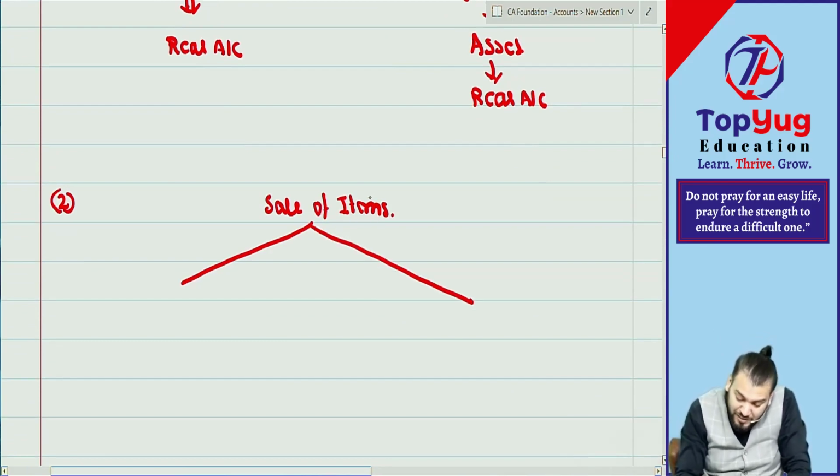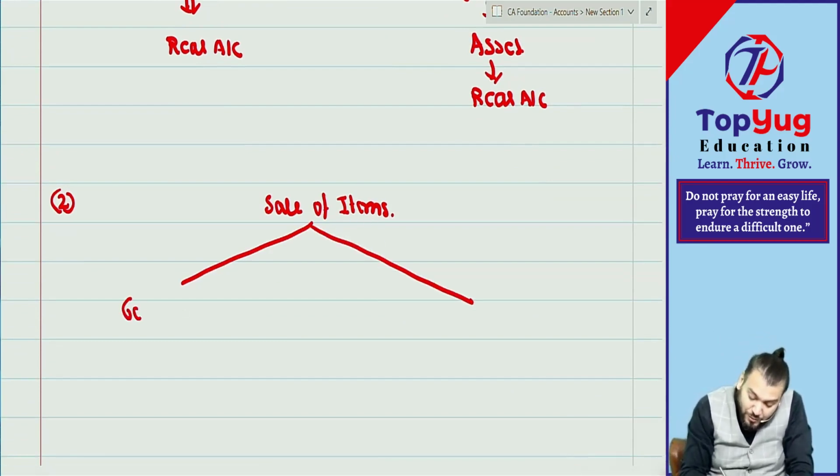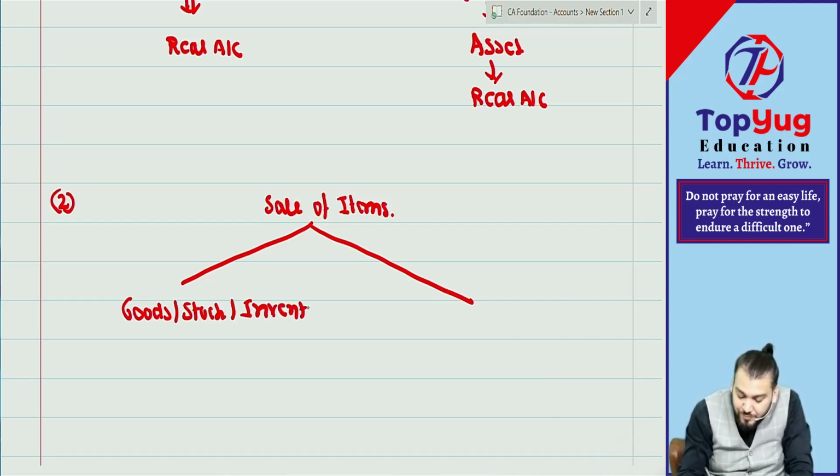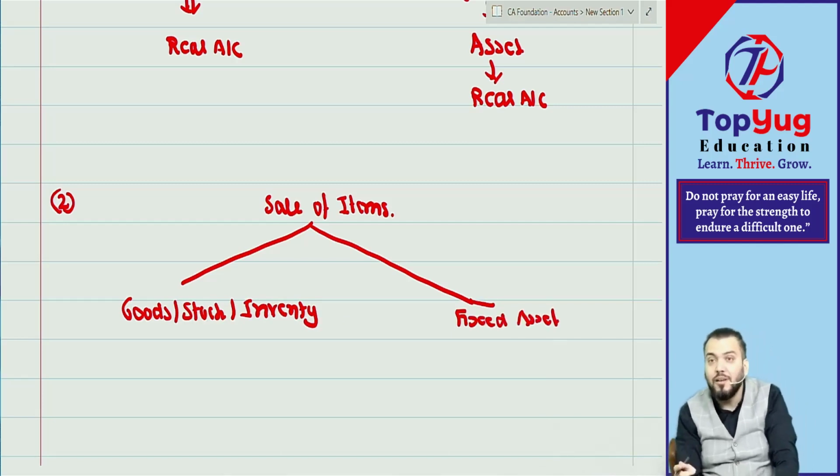If you are selling, this item is goods or stock or inventory. Means you can sell your inventory, or you may sell your fixed asset. Now you have understood when an account will be inventory, when an account will be a fixed asset.